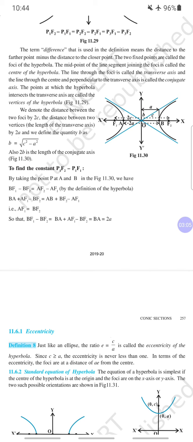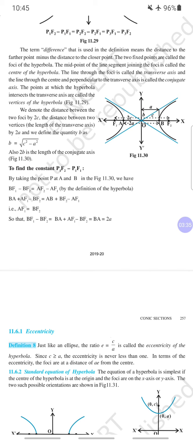That means the total distance AB will be 2a. Next, OF2 and OF1 will also be known as c. We have already seen these notations in the ellipse also. So the distance from center to vertex is known as a, and the distance from center to focus is known as c. But please pay attention in this case.